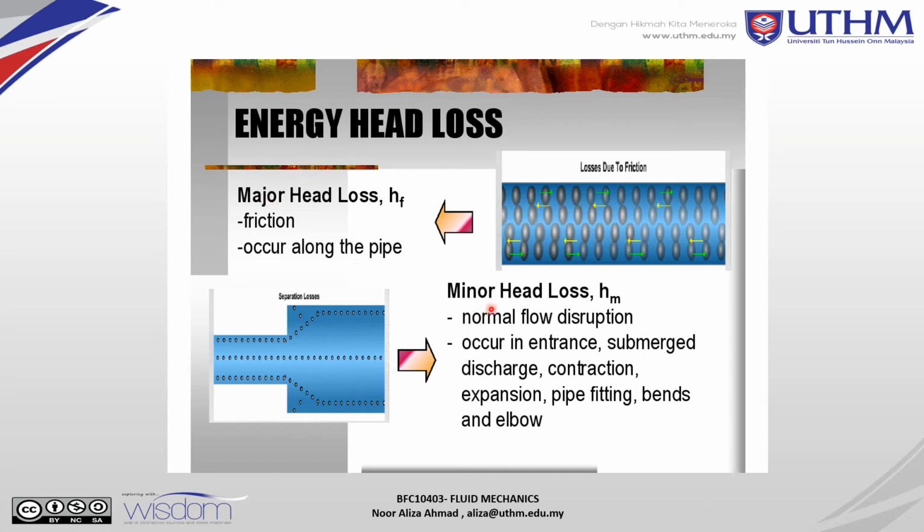But for the minor head loss, HM, normal flow disruption occurs at the entrance, submerged discharge, contraction, expansion, pipe fittings, bends, and elbows. So this is called minor head loss.